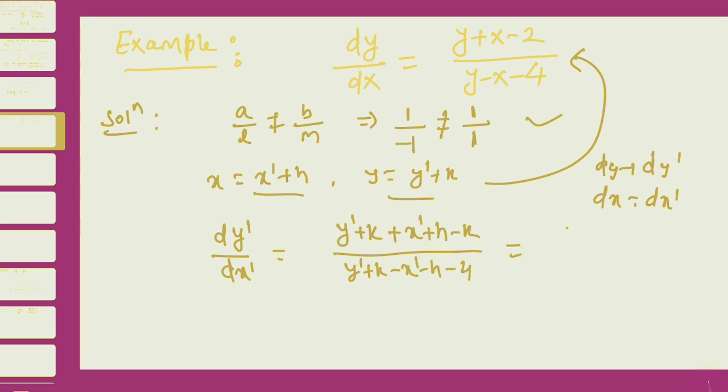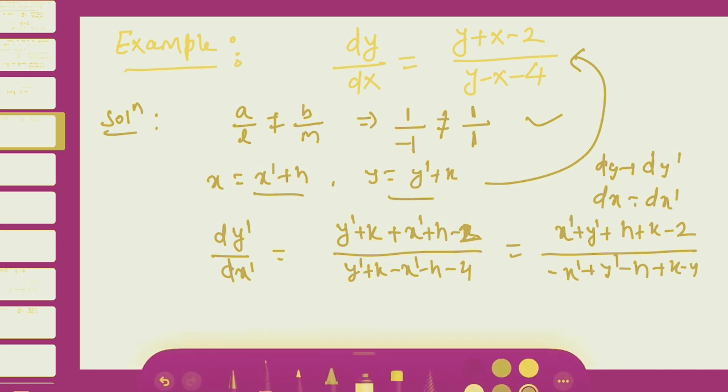Okay, so we can also write this as (x' plus y' plus h plus k minus 2) divided by (minus x' plus y' minus h plus k minus 4). I am putting these as linear equations, so we will put these two linear expressions equal to 0.